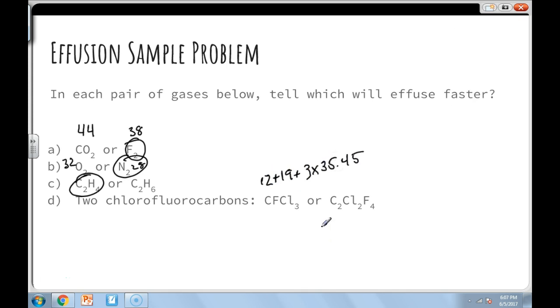And then this one is going to be 2 times 12 plus 2 times 35.45 plus 4 times 19. So my guess is that this guy is going to effuse faster, because it has the smaller molar mass.